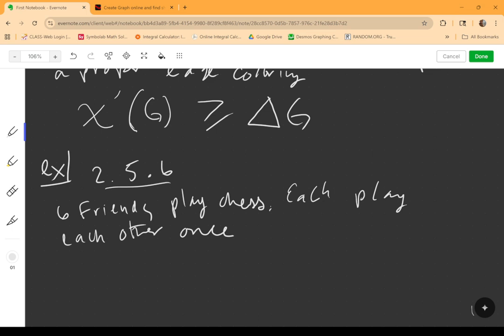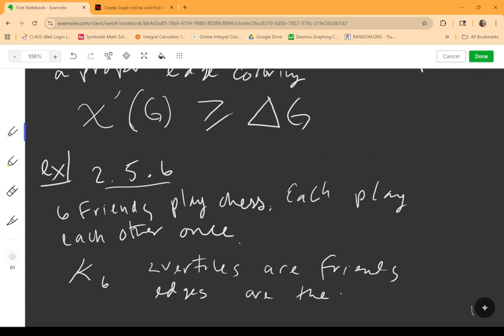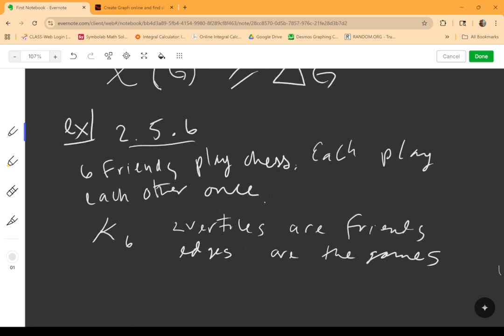So we can think of this as a complete graph K6, where the vertices are the friends and the edges are the games. Okay? And we want to determine how we can have a proper coloring here.